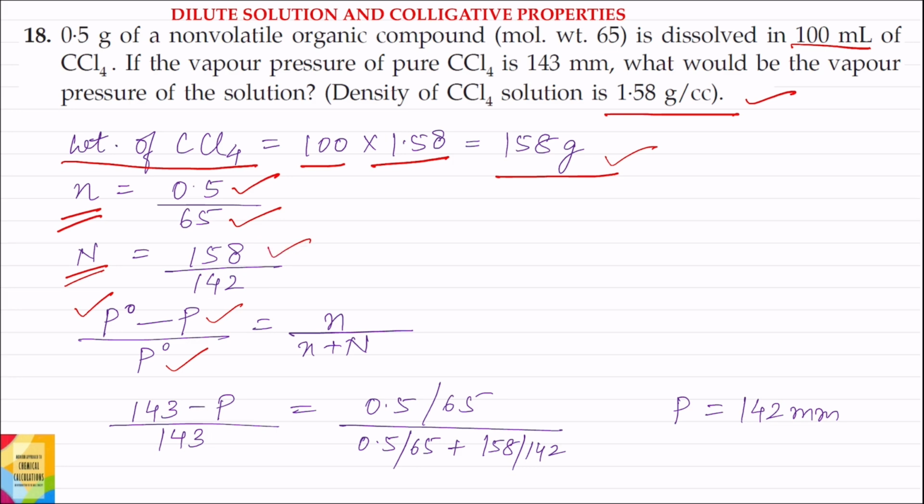Now molecular weight of carbon tetrachloride is 142. So 158 divided by 142 gives the moles of carbon tetrachloride. Now putting the values in the formula and solving, the vapor pressure of solution is equal to 142 millimeter of mercury.